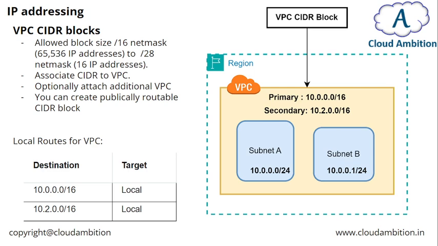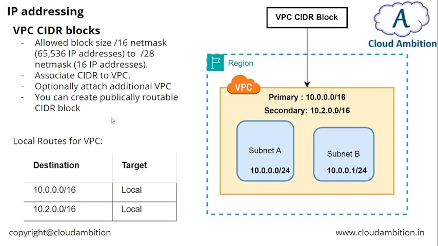And in the VPC, we can associate our CIDR blocks as shown here. We can associate our CIDR blocks, and it is also optional to attach secondary CIDR blocks. Let's say the first CIDR block, we have utilized all IPs, around 65,000 IPs, in the primary CIDR block, then we can attach additional CIDR blocks in the VPC.